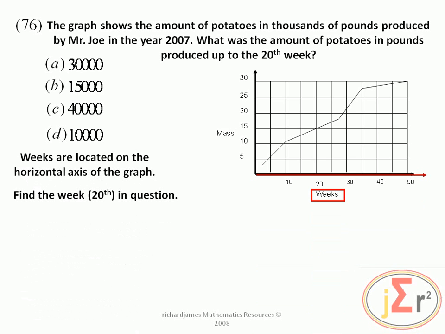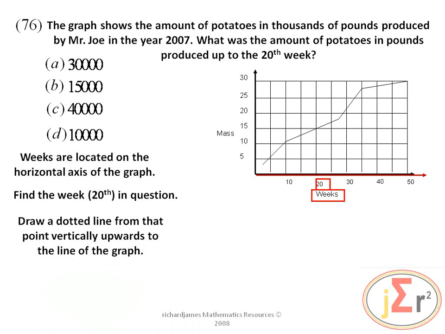So week 20 is the one that is the week in question. So find that. Draw a dotted line from that point vertically upwards to the line of the graph. This is the line of the graph, and we are going to draw a line vertically upwards from 20 till we get to the line of the graph.